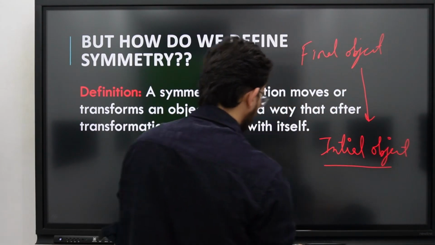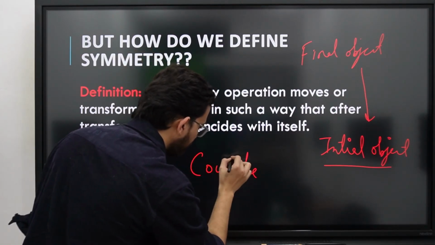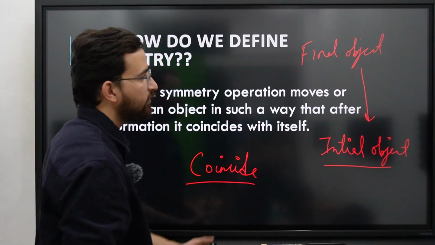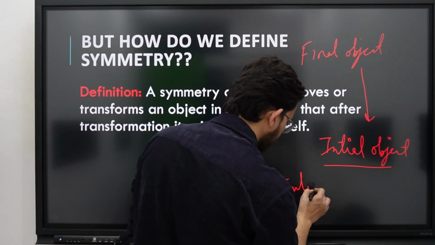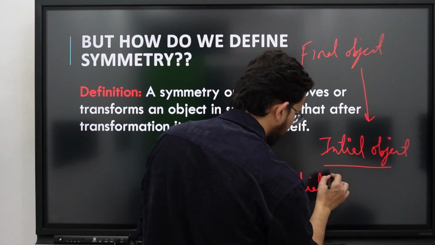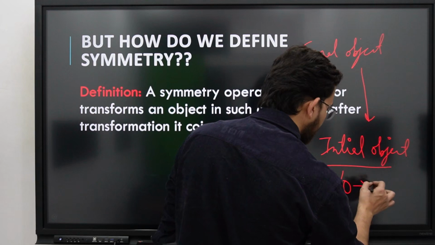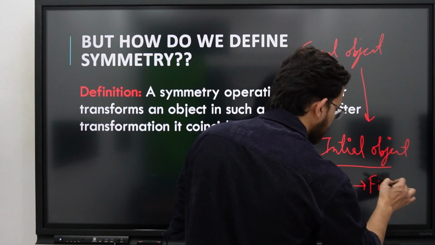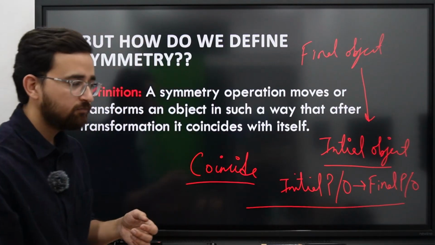Exactly the same means that it should coincide. Coincide means that the initial position and initial orientation you started from is exactly the same as the final position and orientation you are at.